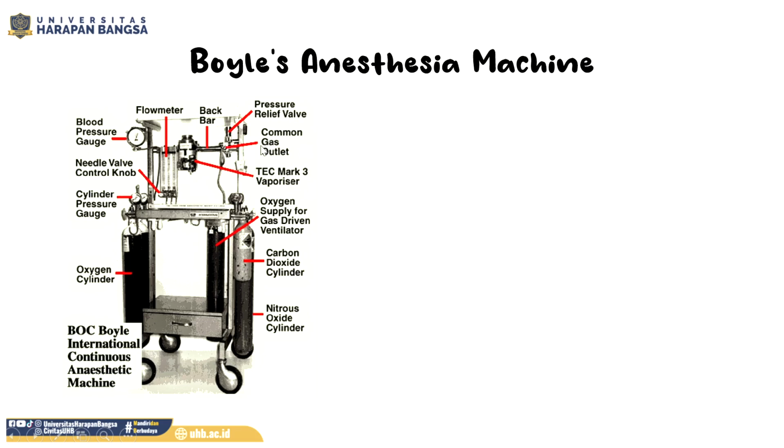This is the common gas outlet and pressure relief valve, back bar, flow meter, blood pressure gauge, and this is the needle valve control knob, and this is the cylinder pressure gauge, and this is the oxygen cylinder.